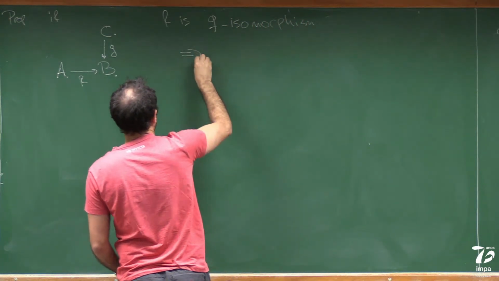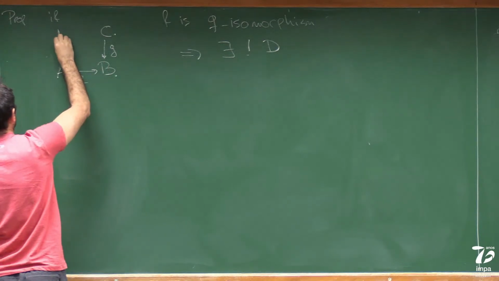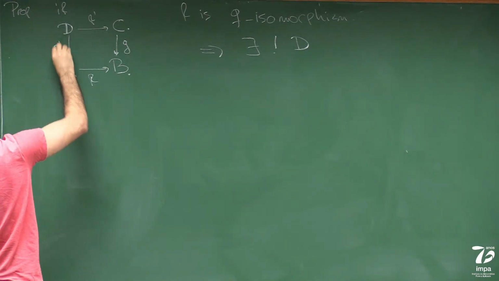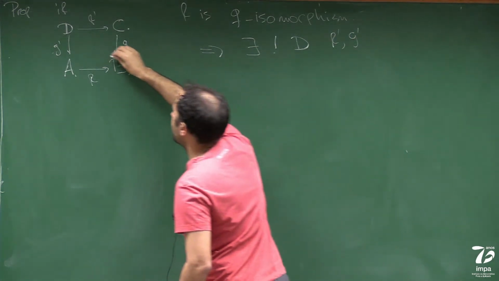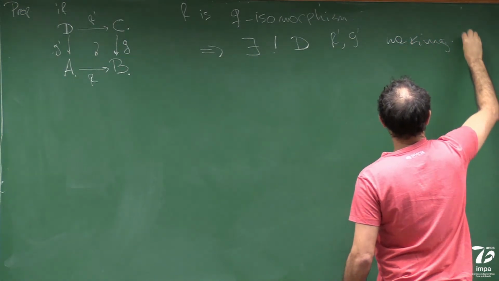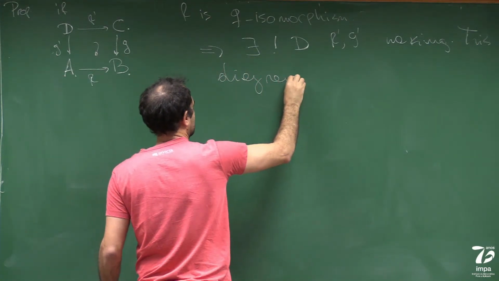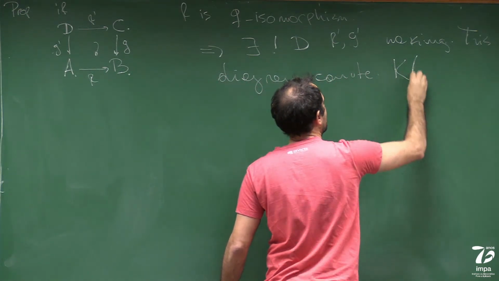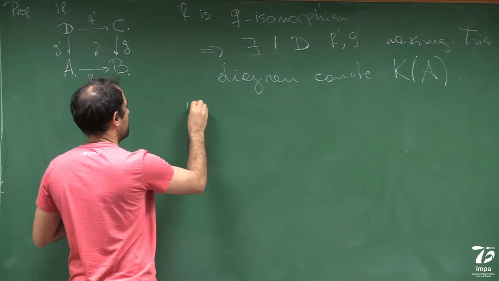There exists a unique filling D and maps F prime, G prime, making this diagram commute. But this diagram commutes not on cochain complexes, but up to homotopy. And F prime is a quasi-isomorphism.